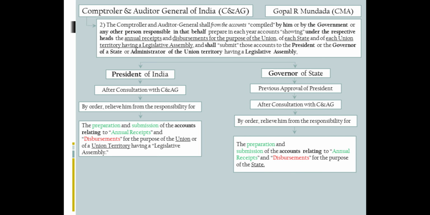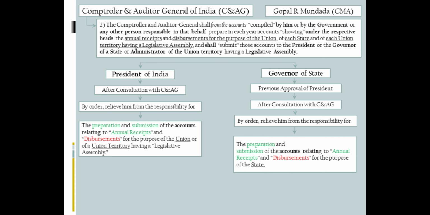So guys, where the president of India, after consultation with the C&AG, by order relieves him from the responsibility for the preparation and submission of the accounts relating to the annual receipts and disbursements for the purpose of the union and union territory. As discussed in the last point, in this case there is also allocation of work by the C&AG to the president of India.